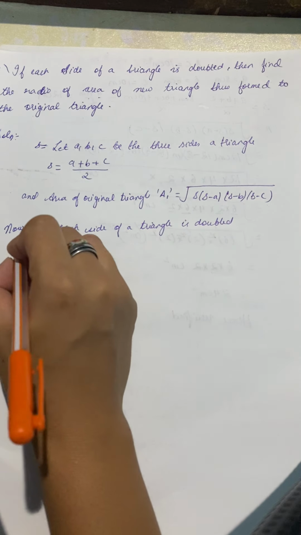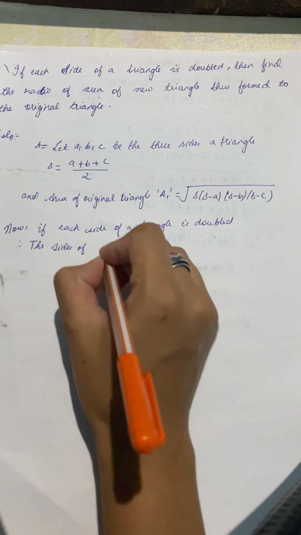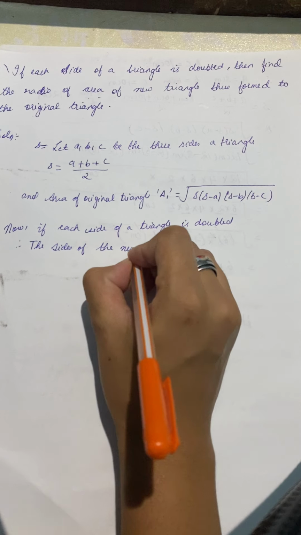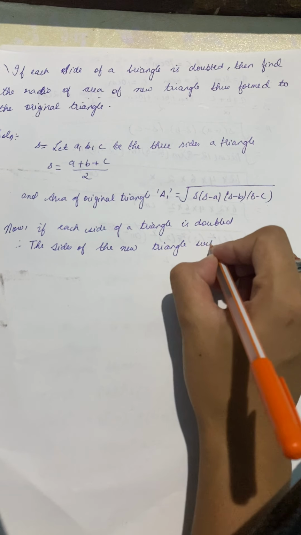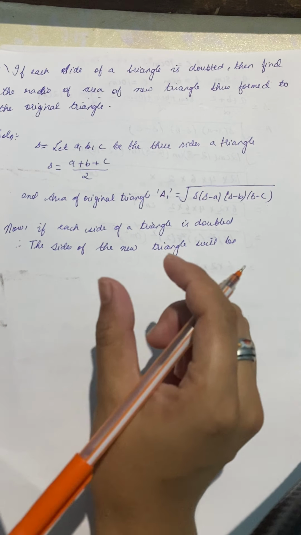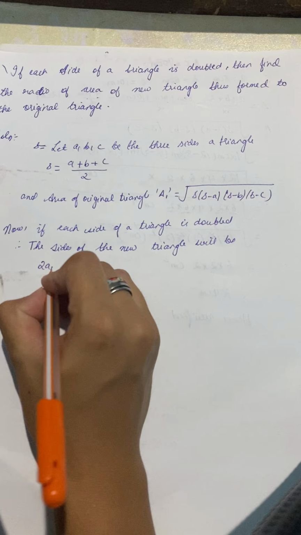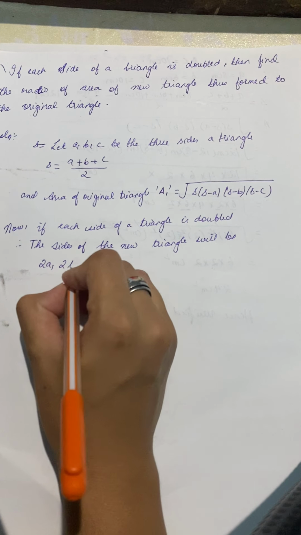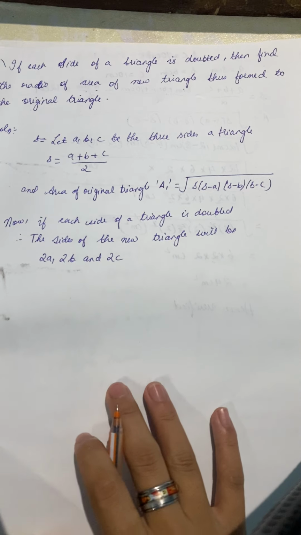So the sides of the new triangle will be, now we are doubling each side, so what will be the sides of the new triangle? It will be 2A, 2B and 2C. Up to this part, clear with this?